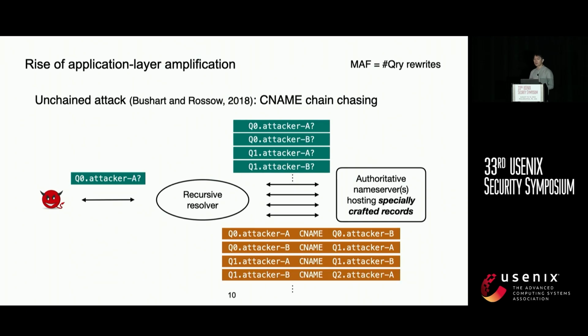A later attack, Unchained, applies a similar idea, but using a different type of record, CNAME, that maps an alias to a canonical name. The main trick here is to split a CNAME chain between two name servers, such that it is not packed into a single response, and the resolver will look up each name on the chain.